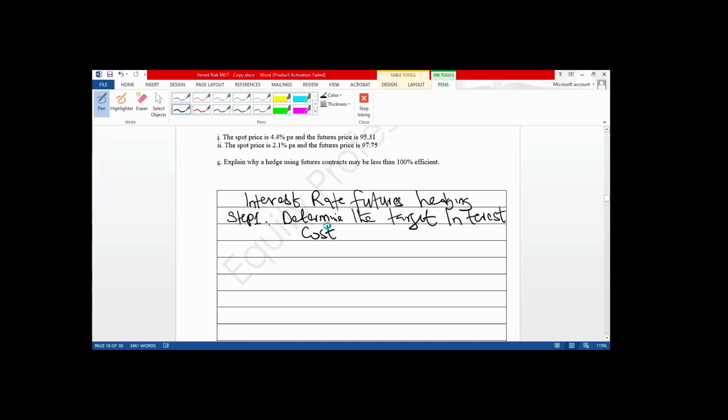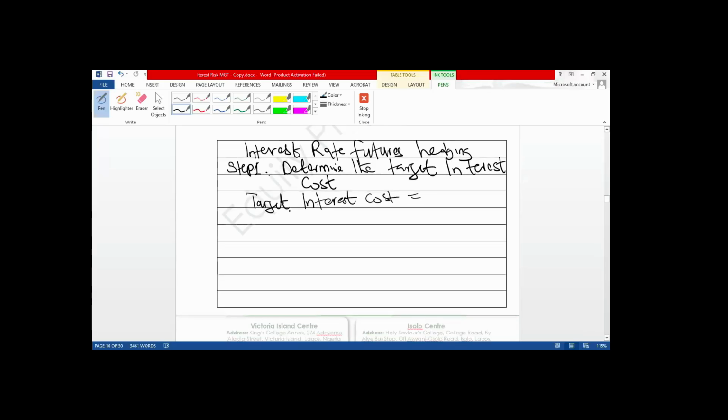So your target interest cost is equal to 3%.